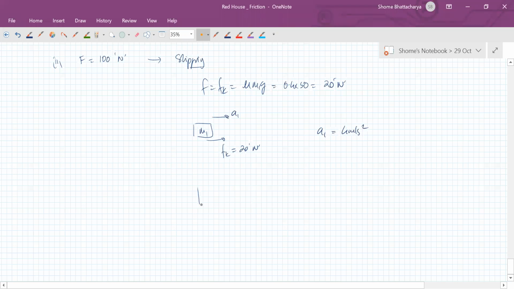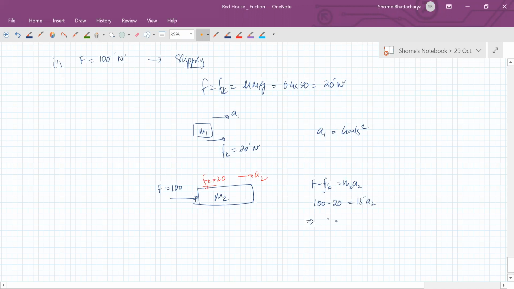Whereas in m2's free body diagram, you are applying the external force of 100, but the kinetic friction is 20. So it will have a different acceleration, a2. F minus kinetic friction will become m2a2, so 100 minus 20 will become 15a2.